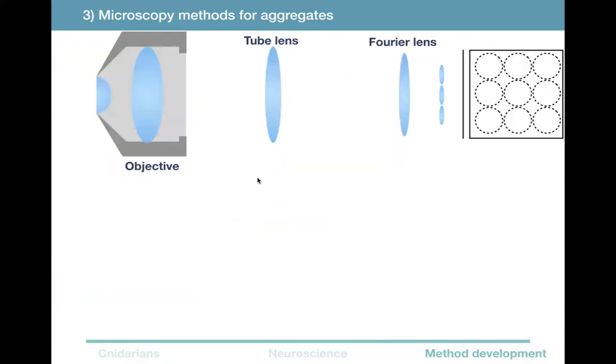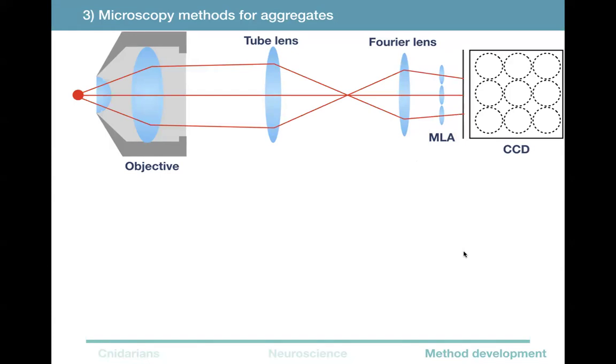We have our objective, our tube lens, our Fourier lens, our microlens array, and then here at the end we have our CCD, where this is from the side, and this is what you'd actually see from your CCD. If we have a point somewhere, this will then propagate through this system and show up as distinct points on your CCD. In our case, because we have 9 lenses, we'll see 9 different points. And if you move this point around, you get what you'd expect. The point would move up, down, left, right on this CCD, just like you'd expect.